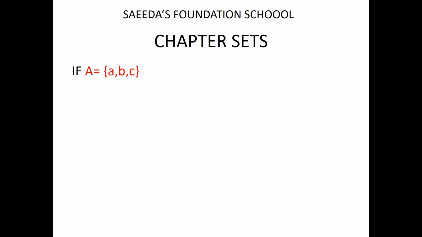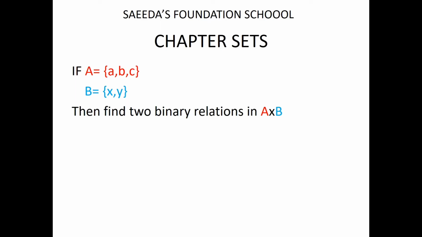Now next question. If A is equal to {A, B, C}, B is equal to {X, Y}, then find two binary relations in A cross B. Now over here, first of all, let's find out A cross B, and then we'll explain what binary relations are.